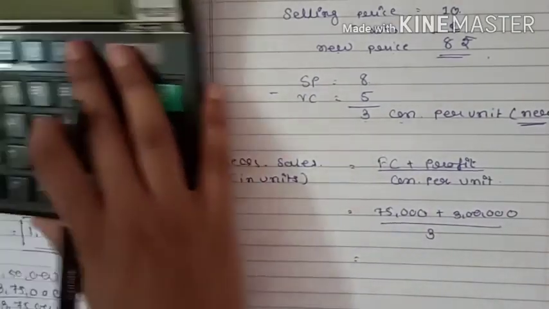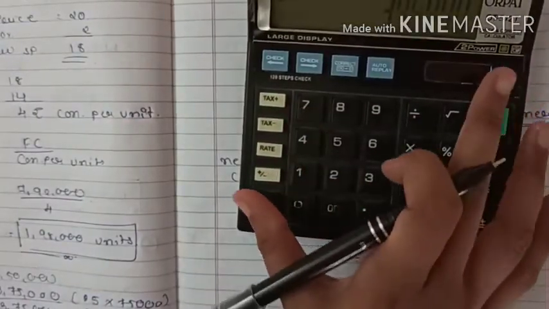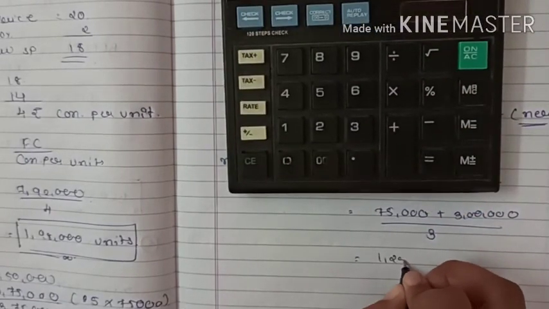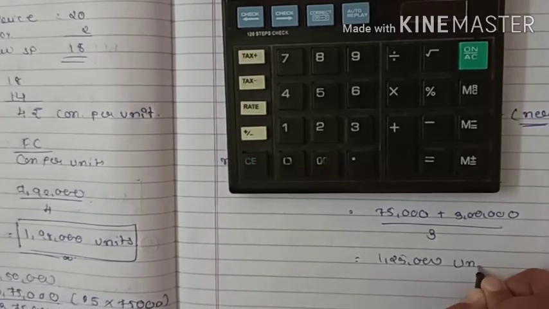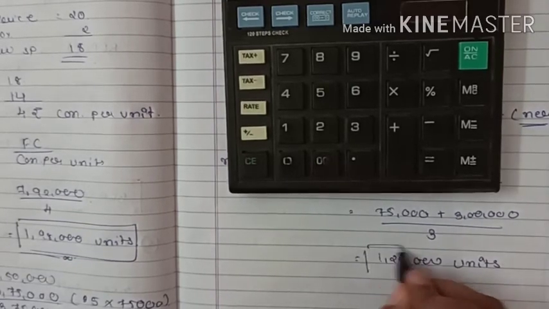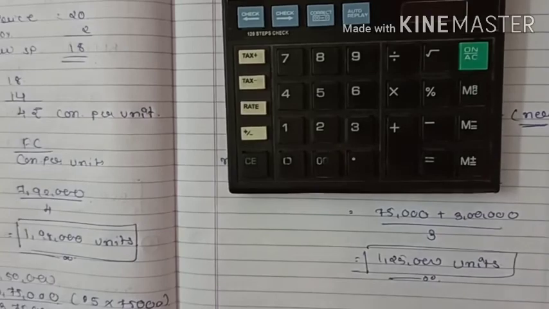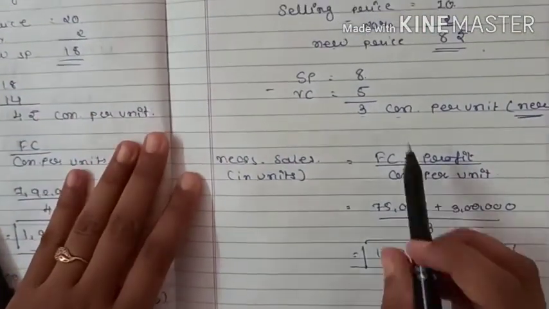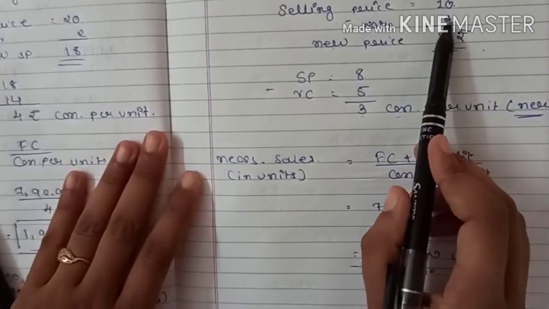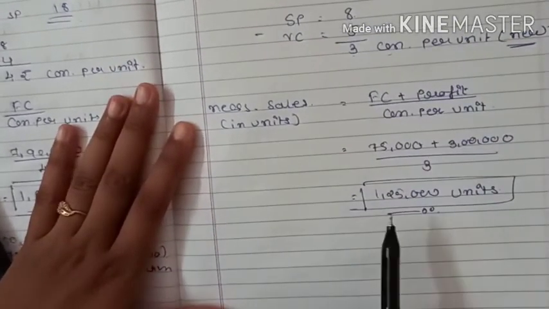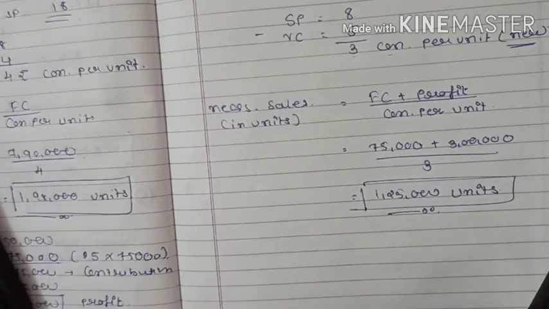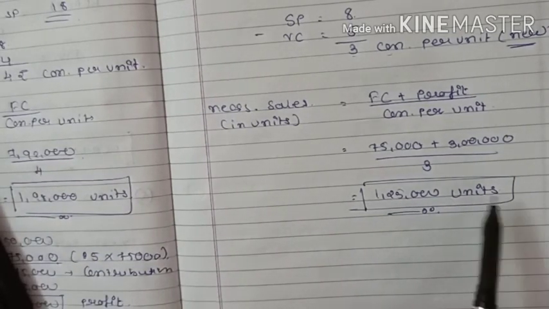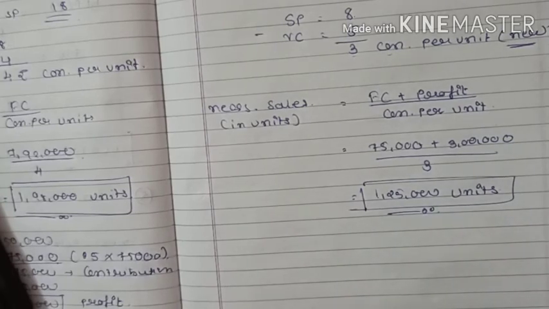So 3,75,000 divided by 3 will come to 1,25,000 units. So to earn the 3 lakh rupees profit after reducing the selling price by 2 rupees, the business has to sell 1,25,000 units or products. Understood?